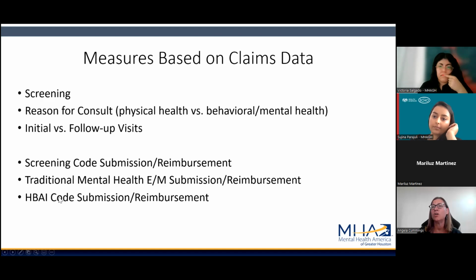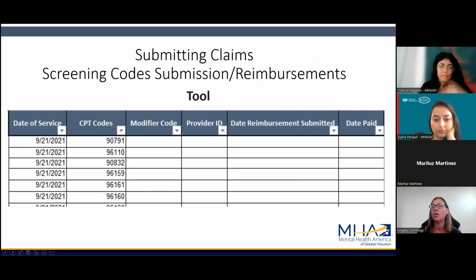And again, same here. Looking at your traditional mental health submissions, your HBAI code submissions, you can look at the date these services were provided, what the CPT code was, if there was a modifier, who was the provider. So you'll have the date of the service, the date that the reimbursement was submitted, and hopefully your date paid, right?